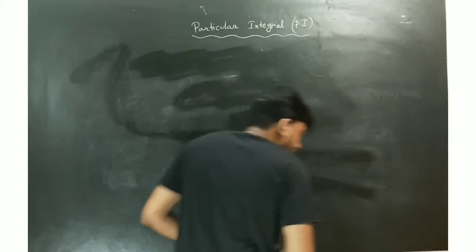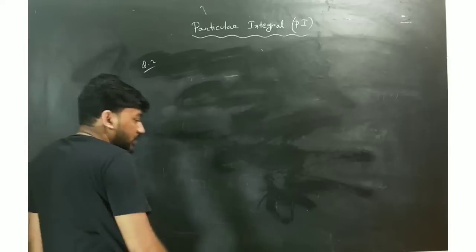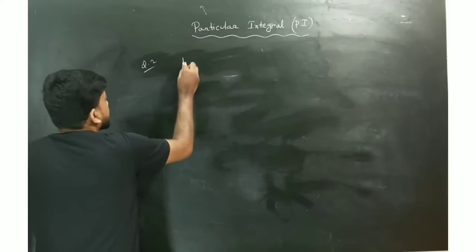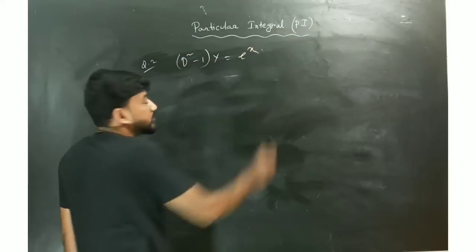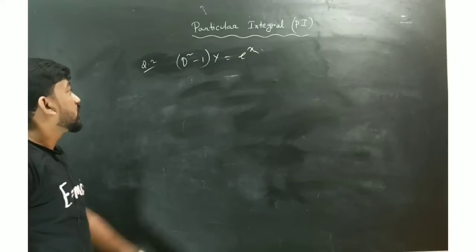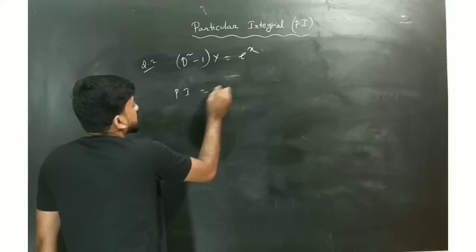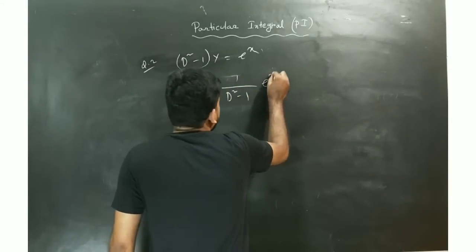So these kinds of problems, like d square minus 1 into y is equal to e to the power x. Okay. So here also a is equal to 1. So your particular integral is again 1 upon d square minus 1 into e to the power x.